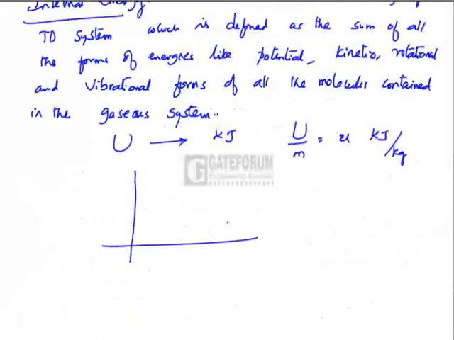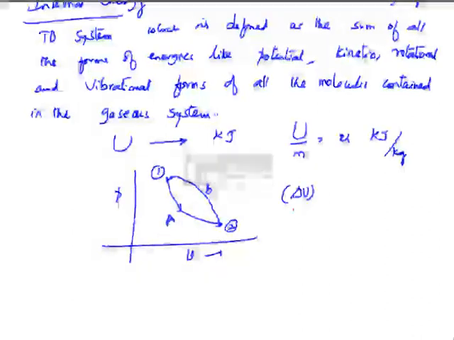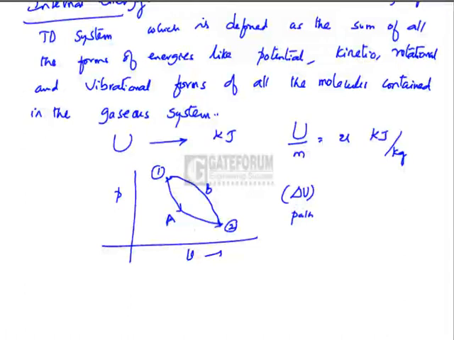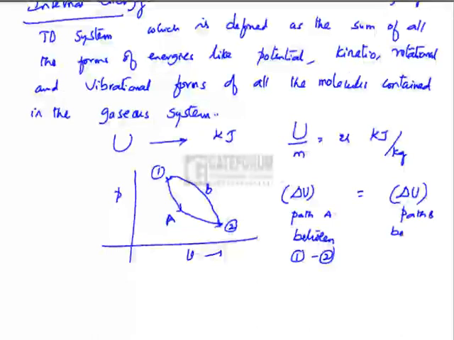The change in internal energy of a system between any two given end states shall be the same for all the paths followed between those two states. As we have seen in this figure, the change delta U along path A between state 1 and state 2 should be equal to change in internal energy along path B between same states, that is 1 and 2, because internal energy is a property.